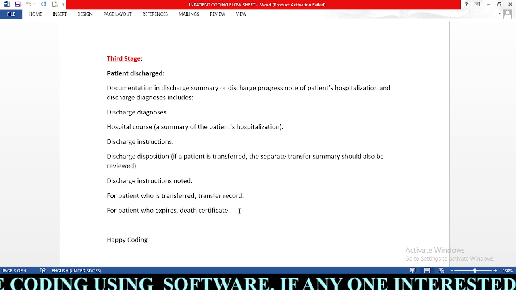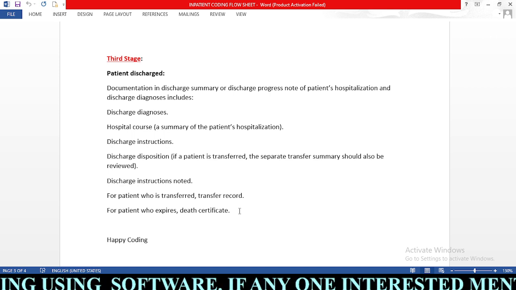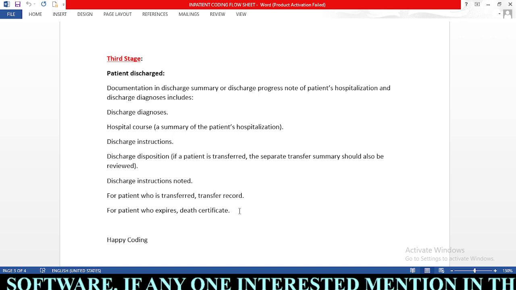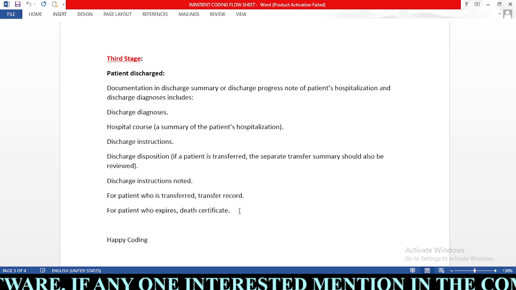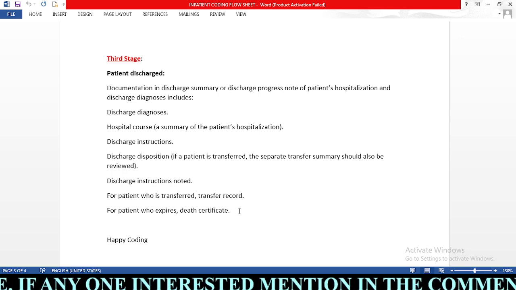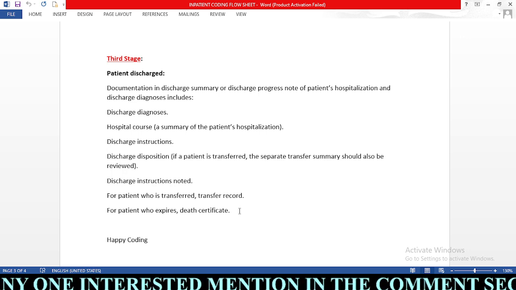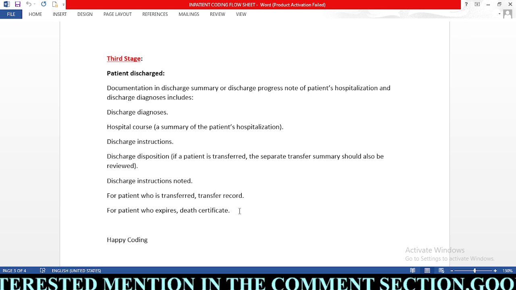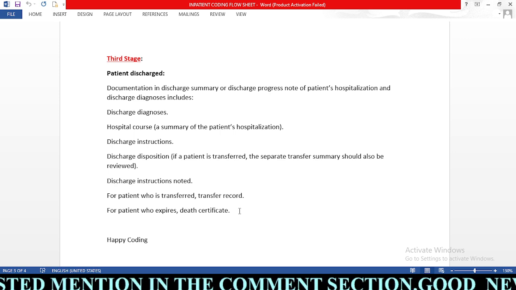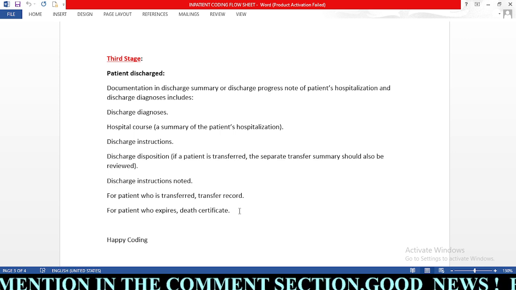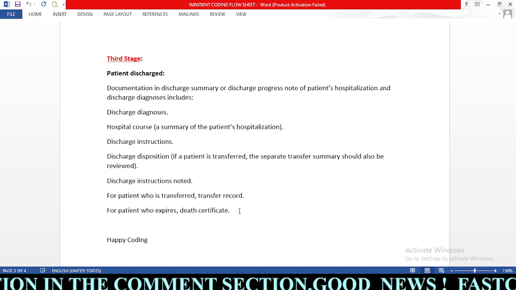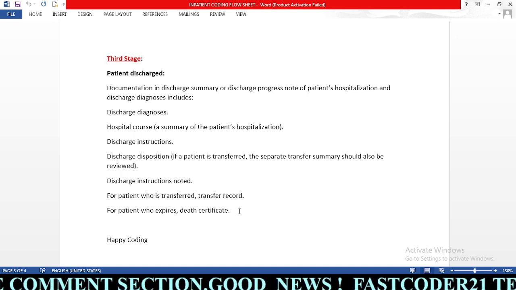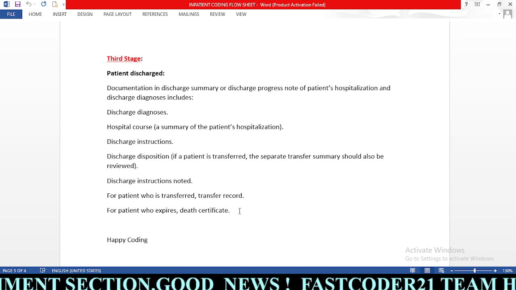In the third stage, the patient will be discharged. Here the documentation is the discharge summary or discharge progress note of the patient's hospitalization and discharge diagnosis, including the discharge diagnosis and hospital course. The discharge diagnosis is the diagnoses identified by the physician, and the hospital course is a summary of the patient's hospitalization, which includes the criteria followed by the physician in order to treat the patient.